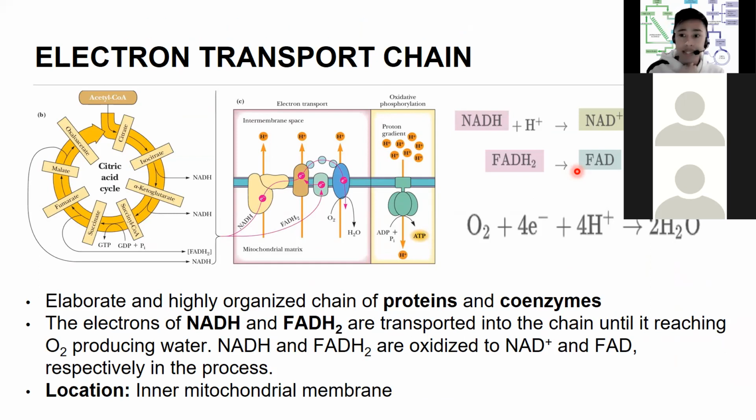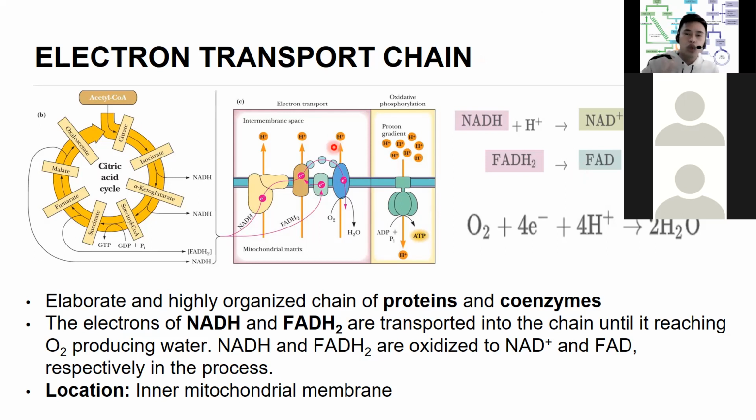From the name itself, the purpose of the electron transport chain is to transport electrons, okay? So basically, class, when we talk about the electron transport chain or the ETC, it is simply a chain of proteins and coenzymes.